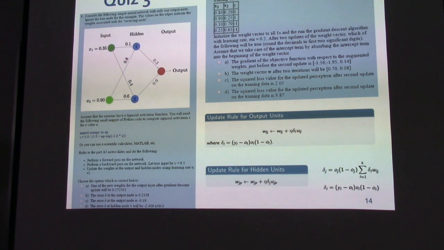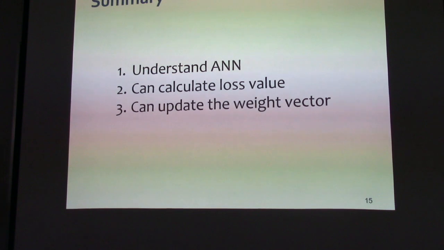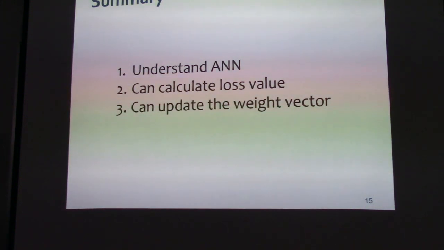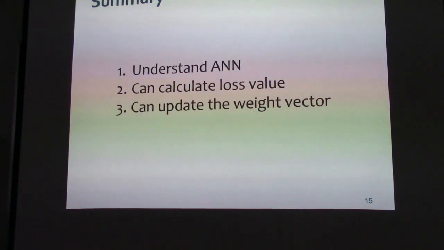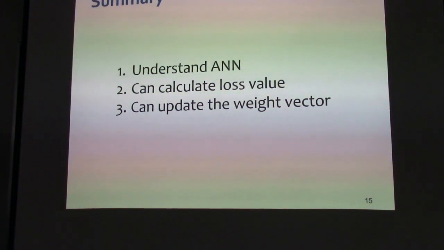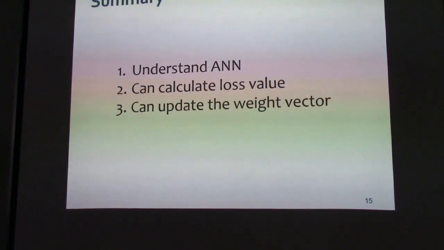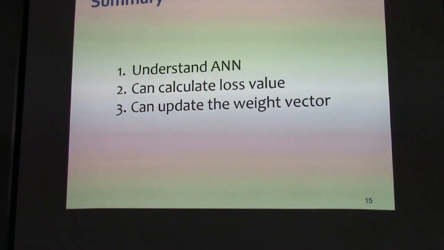Any questions? Okay, let's go on. In this part, you first need to understand the artificial neural network, and then you need to know how to calculate the loss value, which is the feed forward process, and how to update the weight vector, which is the error back propagation process.